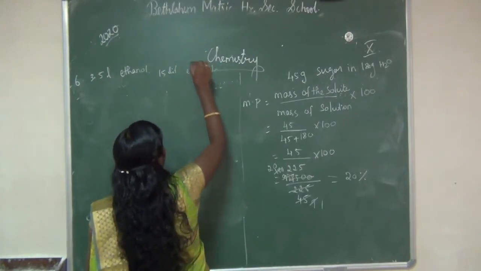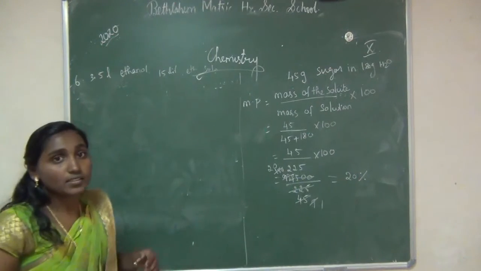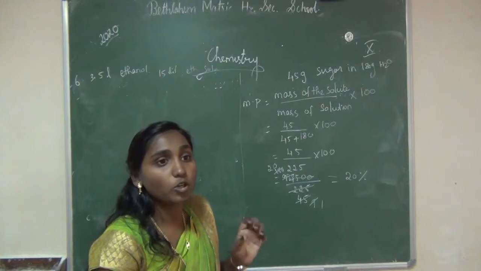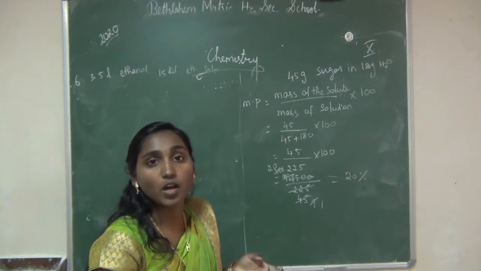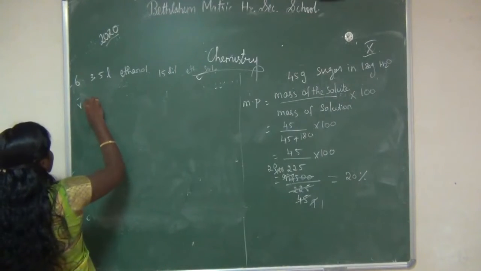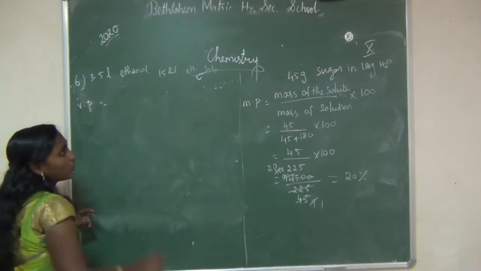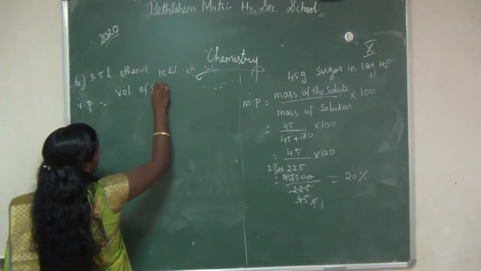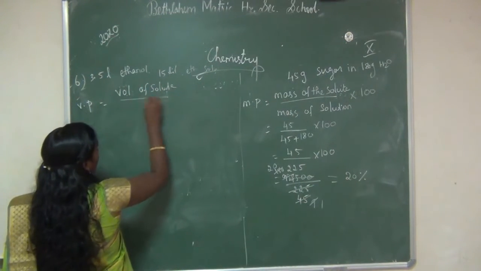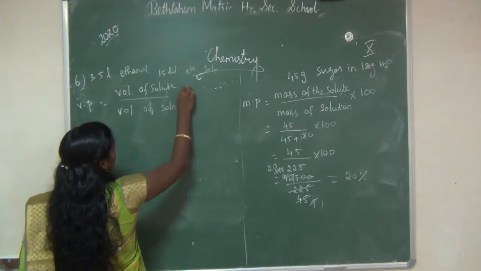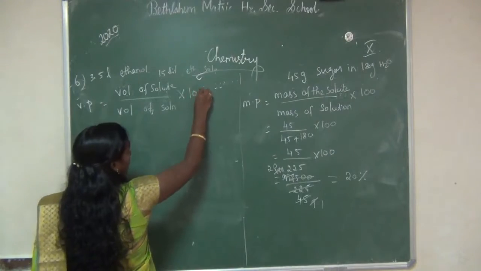Aqueous solution, this is a solution. So in this question we are going to find the volume percentage. What is the formula for volume percentage? Volume percentage is equal to volume of solute divided by volume of solution into 100.